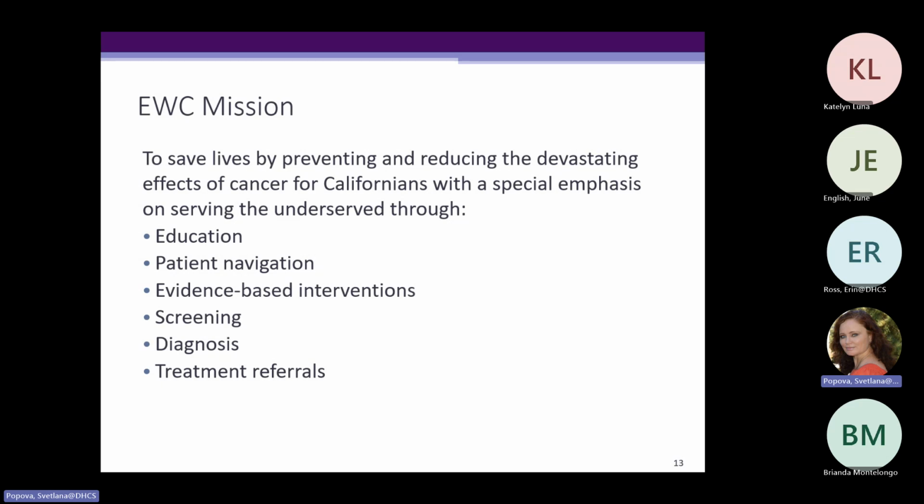The decision was made that we should be part of the direct payer department, but continue to carry out all of the public health duties. Due to that, we are very unique because we continue to do what we were supposed to do for public health, such as education, patient navigation, and evidence-based interventions.